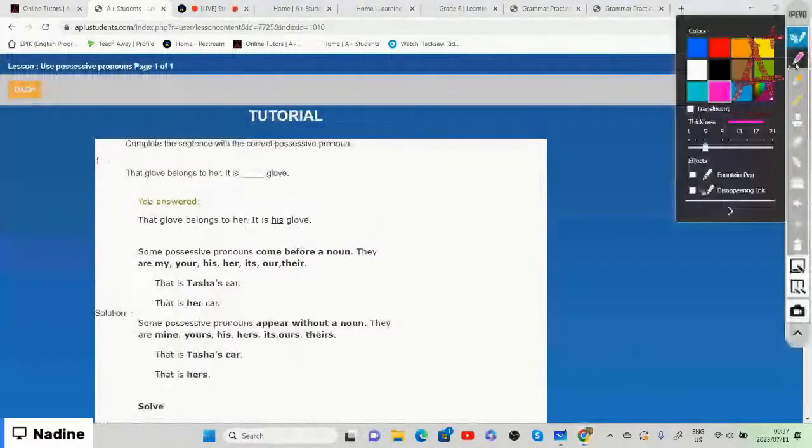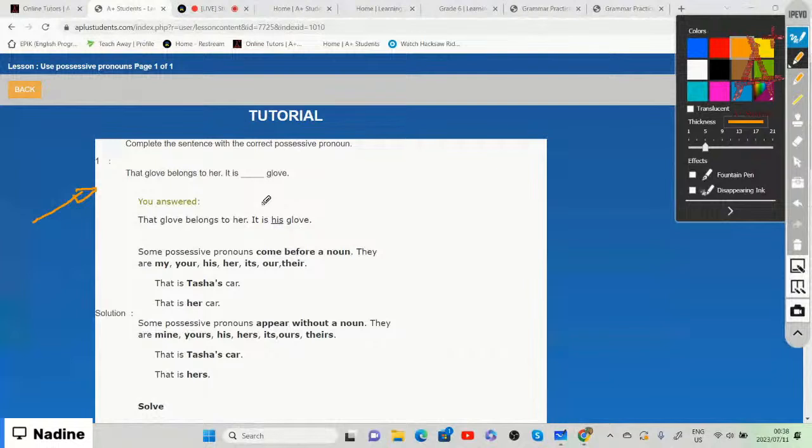All right, now let's do this one: complete the sentence with the correct possessive pronoun. That glove belongs to her. If the glove belongs to her, then whose glove is it?